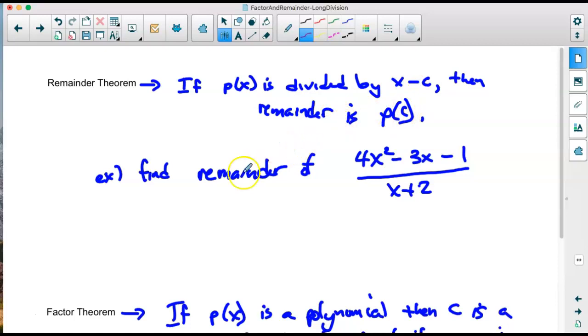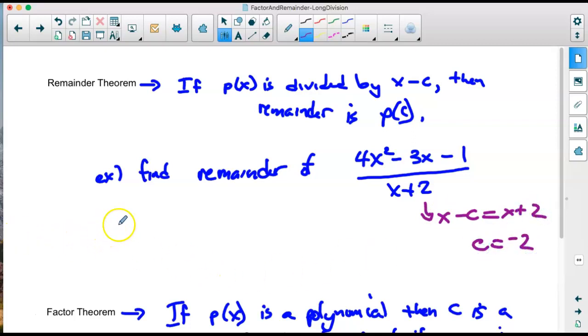So what we're saying here is we don't need to actually do the long division here. If it asks you, for example, to find the remainder of this division, we know that here, if this is x minus c, that equals x plus 2. C is going to be negative 2.